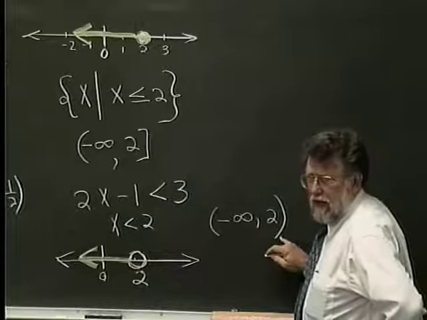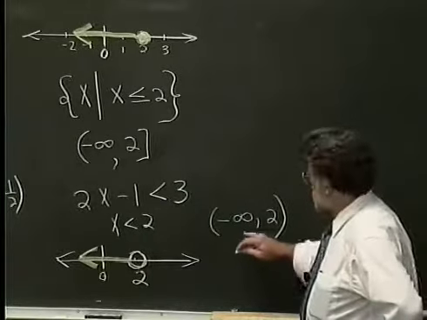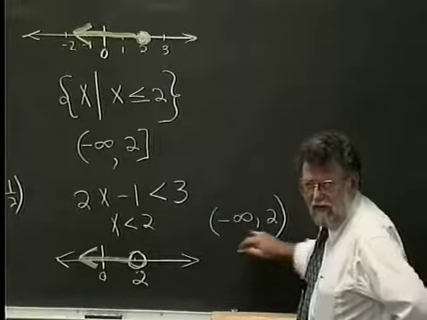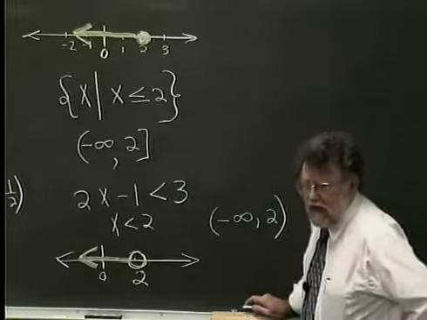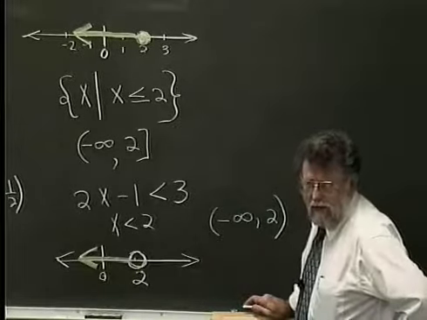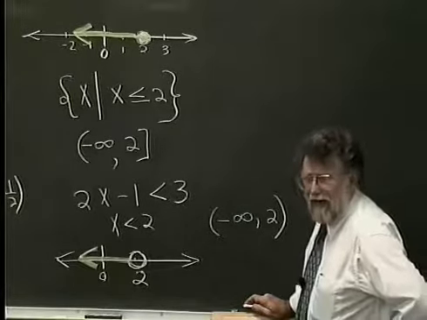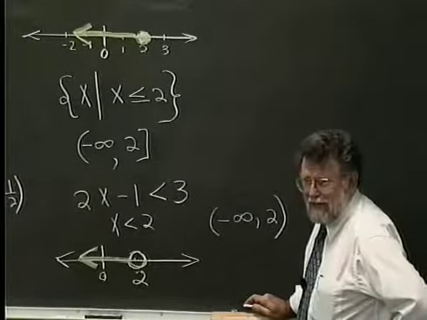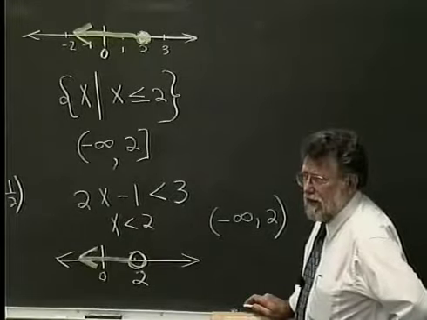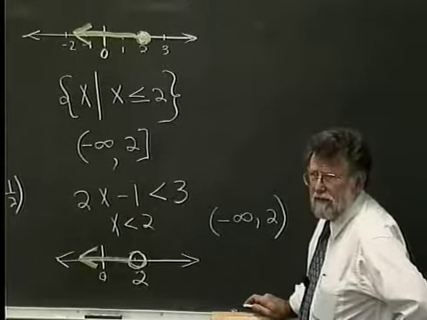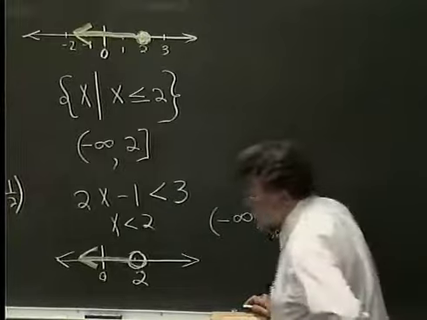Now, unfortunately, the first reaction many of you may have to something being in parentheses is an ordered pair that we would plot as a point doing a graph. That's not intended here, okay? But does that answer your question? Good. Any other questions on that since that was raised? Okay.